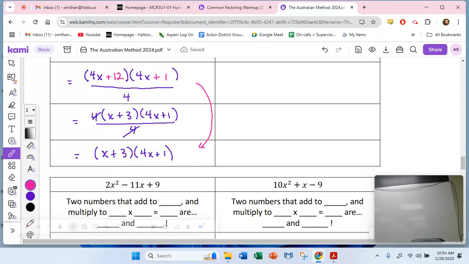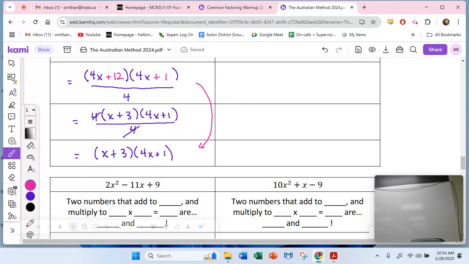How did we do? Would these be numbers or would they be different? They would be different because they have to multiply to minus 12. But always start with the 1. So 1 times 12, right? And then you actually don't have to go any further because 1 and 12 are off by 11. So 1 and 12 are going to be our numbers.